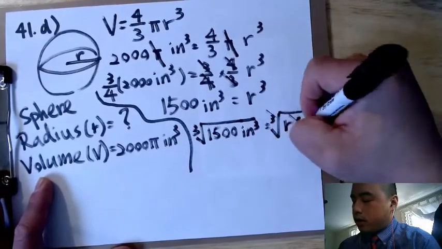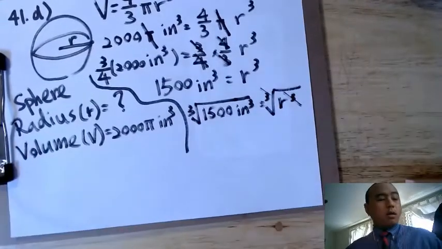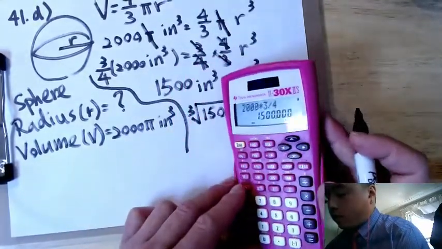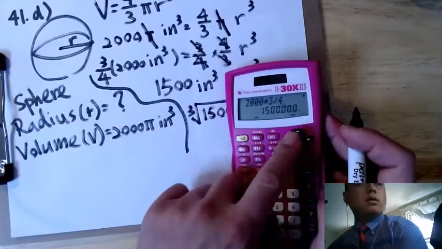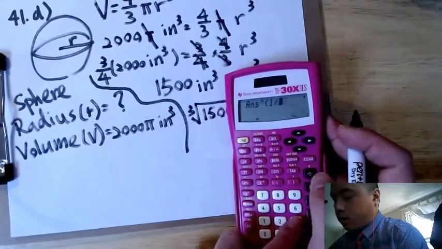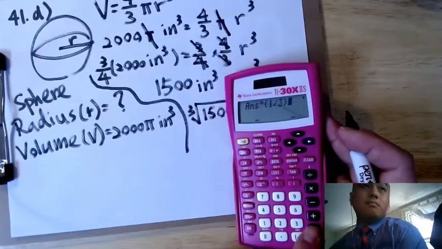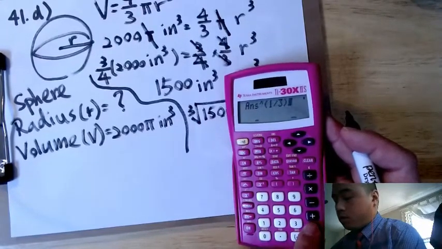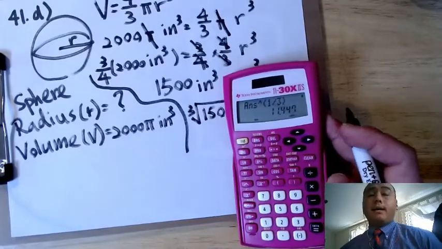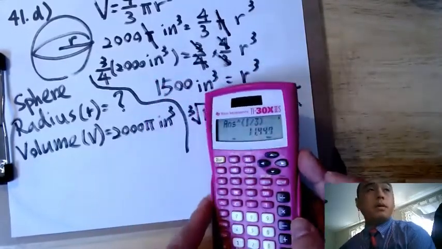So they cancel out. So can you see this? This is 1,500 raised to the 1/3. That's how you look for a cube root. And so it would be 11.447. See that, right?